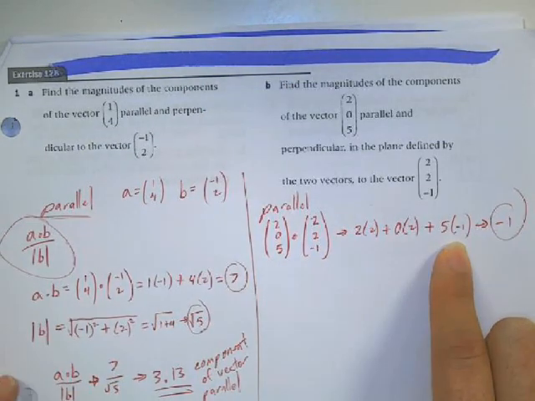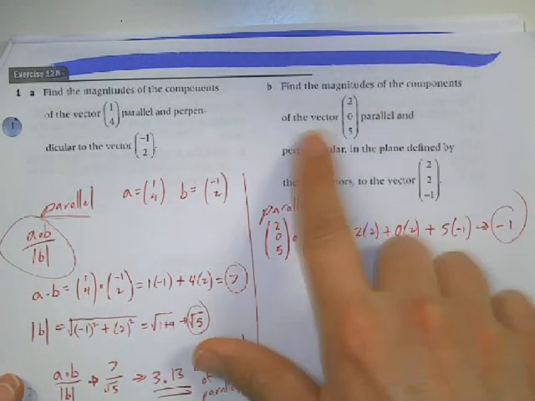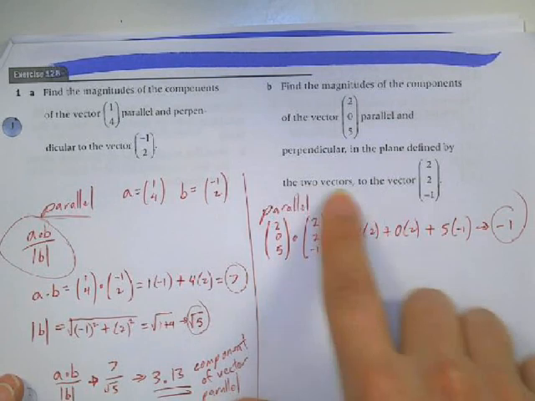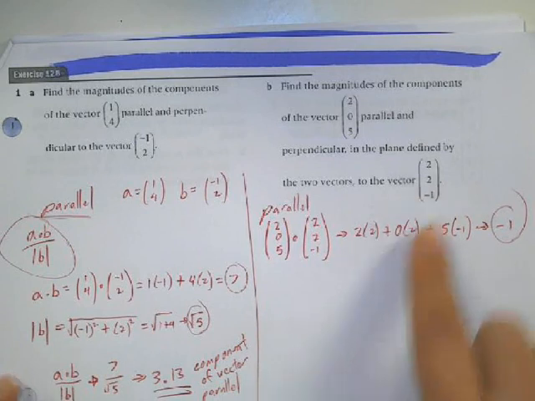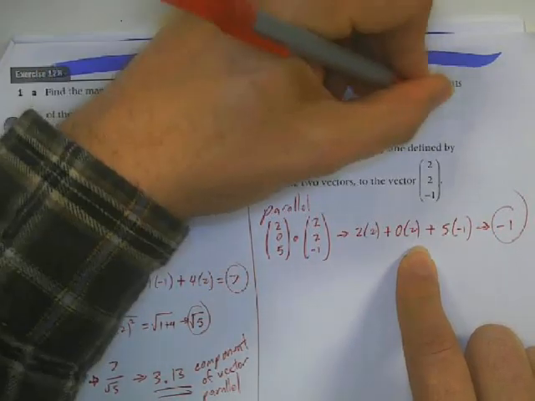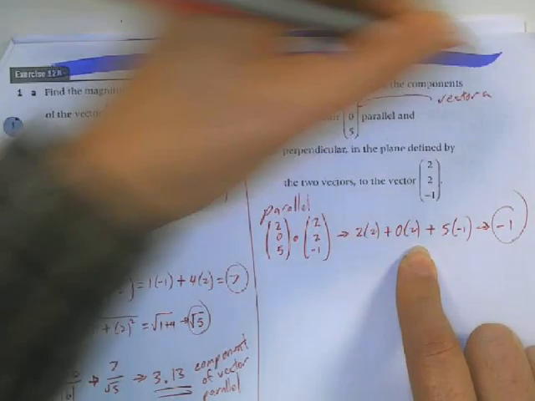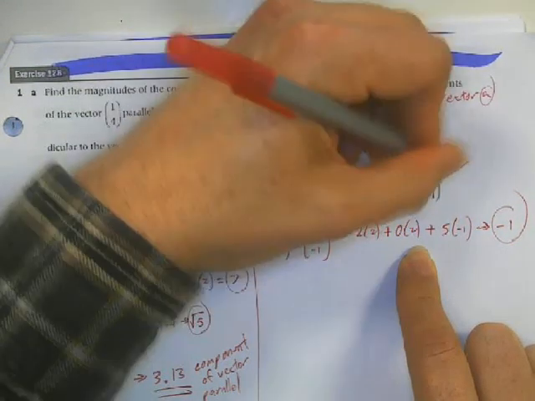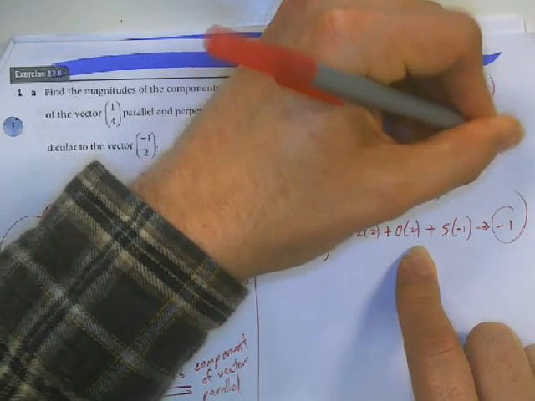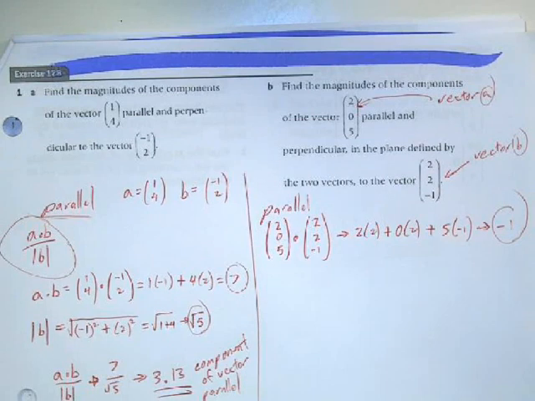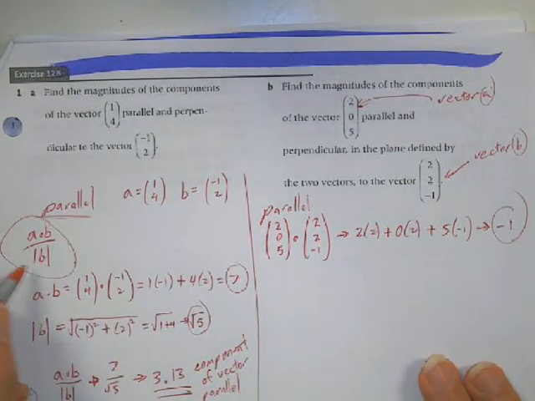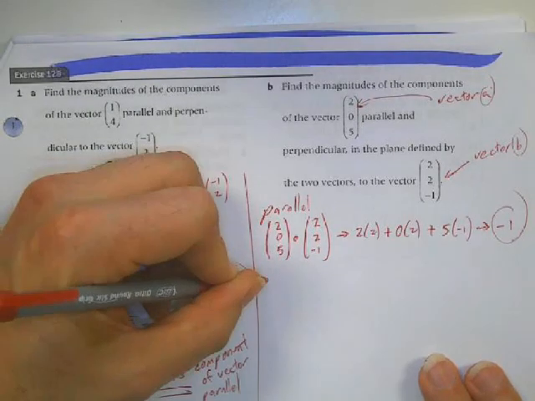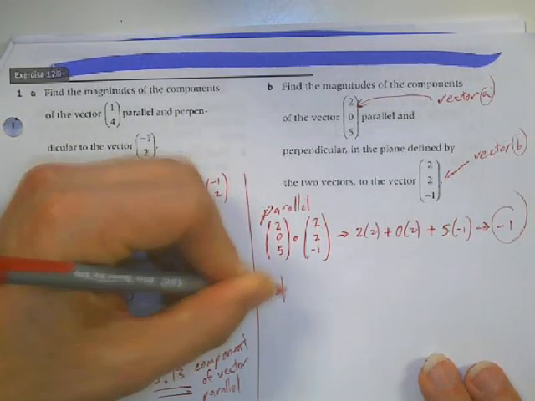Okay. And now I need to find the magnitude of the vector defined by the two vectors in this one here. This is vector A. This is vector B. So we need to find the magnitude of vector B because we want to plug it in here.